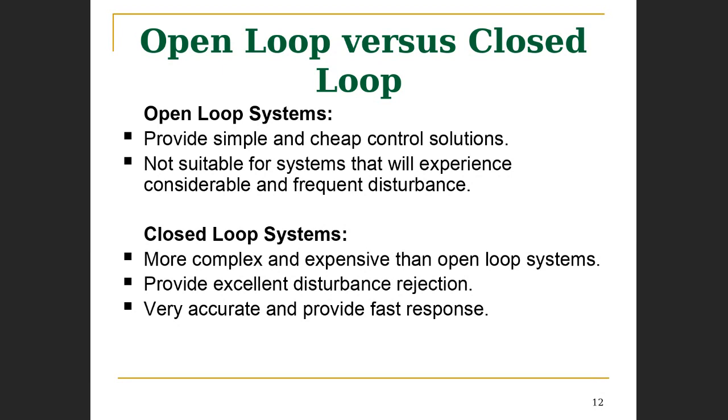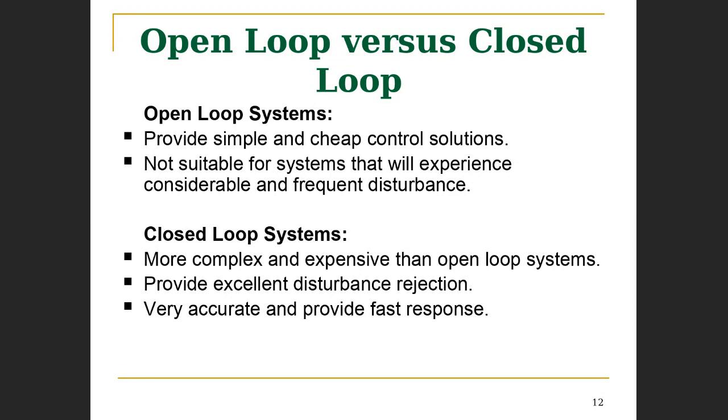If you have a conveyor belt system, and a conveyor belt system is moving objects from point A to point B, if you know that the number of boxes on that conveyor belt is fixed, so it may be that at any given time there are going to be 5 boxes on that belt, then you can size your drive system, that is your electric motor and your gear system, to provide the desired speed.